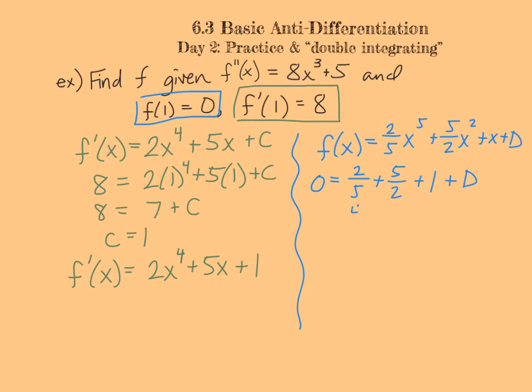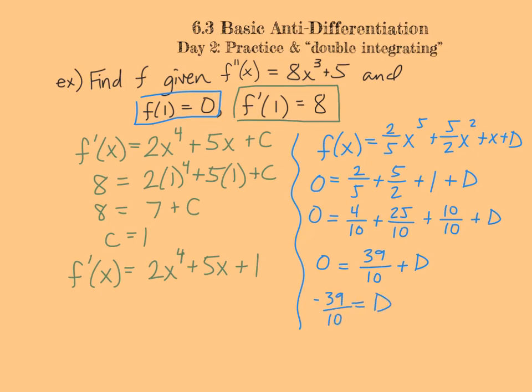This is going to be 4/10, and this would be 25/10. And this would be 10/10. Adding them together, we'll have 29 plus 10, so 39/10 plus d. So subtracting d is negative 39 over 10.